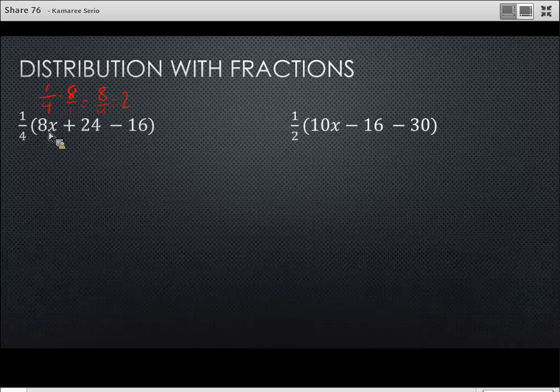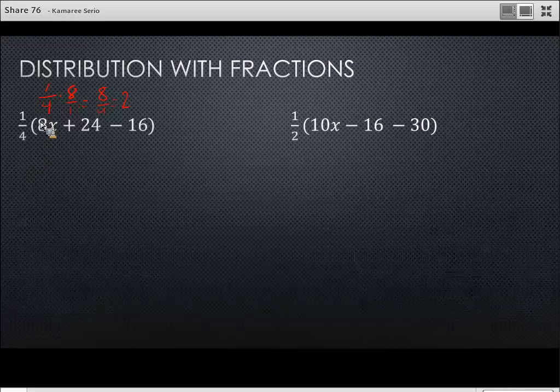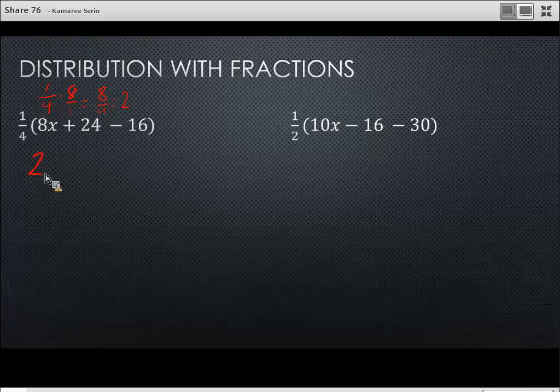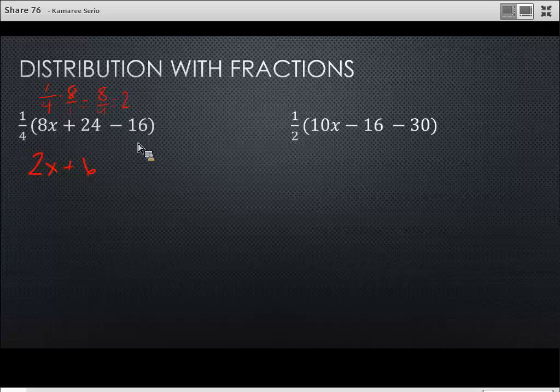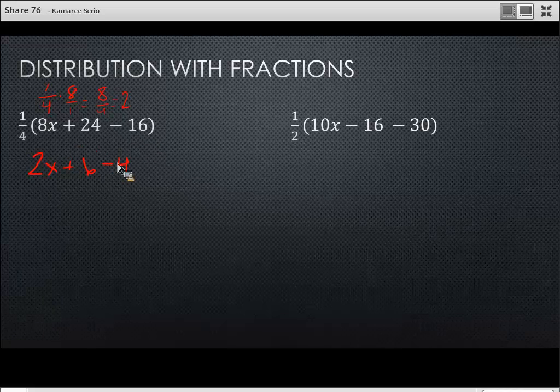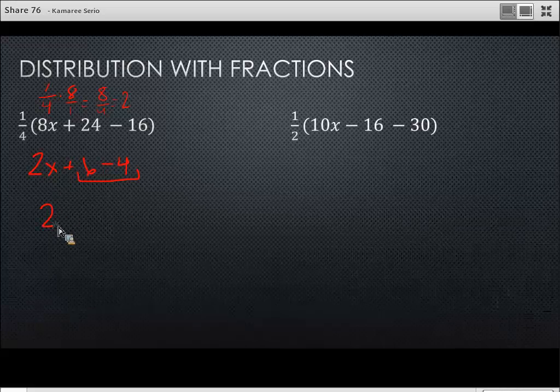So it's like I'm dividing all of my whole numbers inside my parentheses by 4. So 8 divided by 4 is 2x. 24 divided by 4 is 6, and 16 divided by 4 is 4. Now again, I can combine my like terms right here. 6 minus 4 is 2.